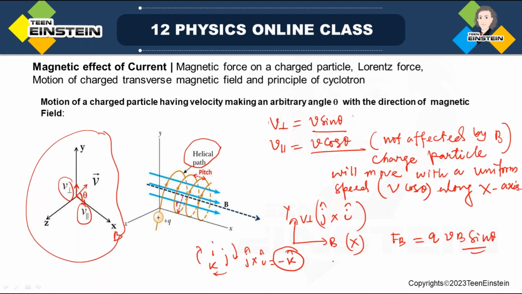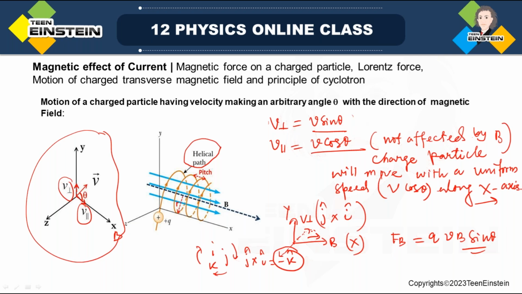If Z is this way, then negative Z is the other way, so it will experience a force along this direction. But at the same time, the charged particle will move along the x direction. So it will be moving this way also and this way also.